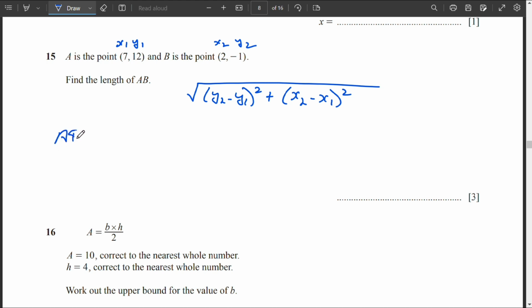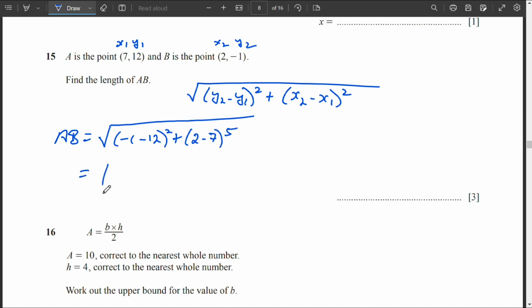So the length of AB will be the square root of (y2 - y1), which is (-1 - 12), whole square, plus (x2 - x1), which is (2 - 7), whole square. So this equals the square root of (-13) whole square plus (-5) whole square.